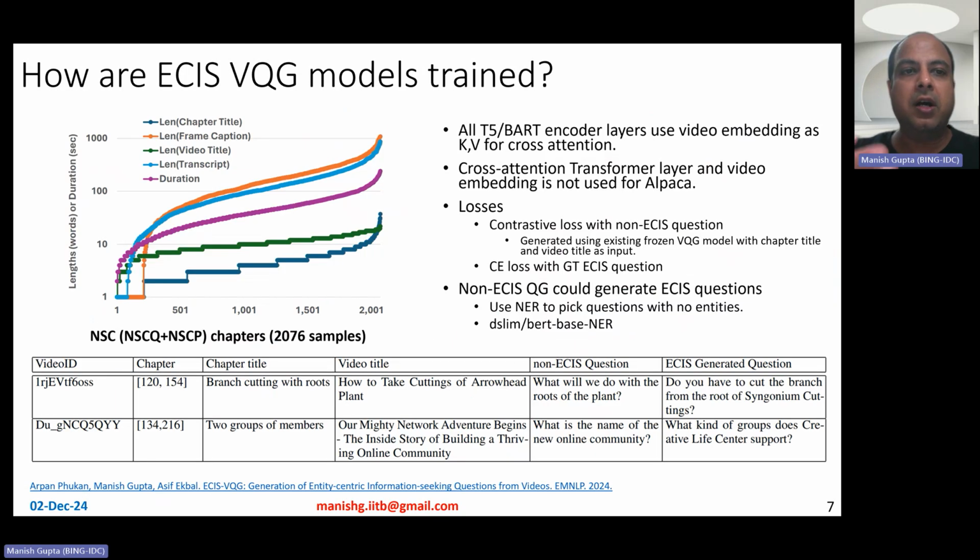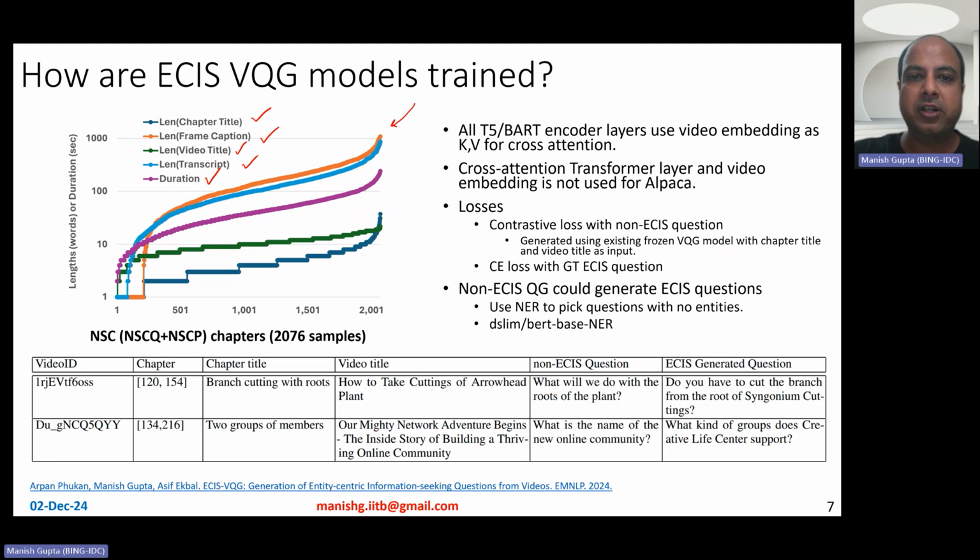Okay, so how are our ECIS-VQG models trained? As you can see, this is the distribution of the input data. For every chapter, we have a chapter title, we have frame captions, we have the video title that also goes as input to the T5 and BART models to generate good questions. We have the transcript, and we have the duration of those chapter videos, right?